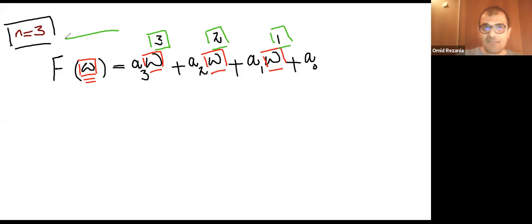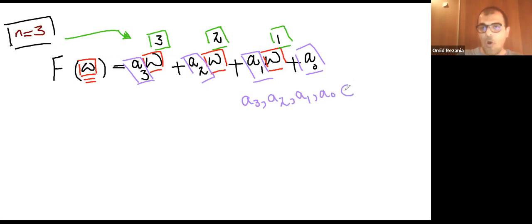That's exactly what we expected. And a3, a2, a1, and a0 represent the coefficients of the function. You can pick anything, but they should be real. All of them should belong to the real numbers.